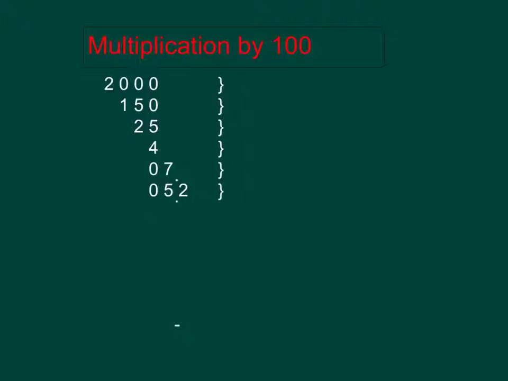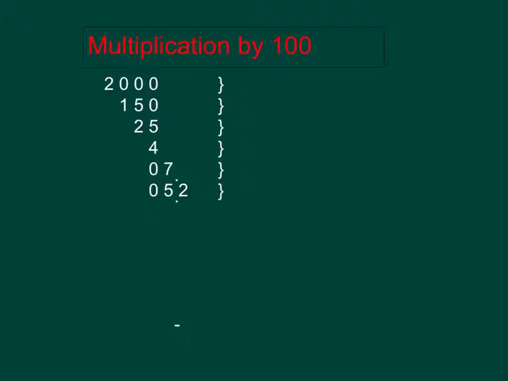Multiplication by 100 then does a very similar thing, except because I have two zeros here, I'll add two zeros to these things. And when I get down here, instead of moving the decimal place once, I'll move the decimal place twice. Let's go.